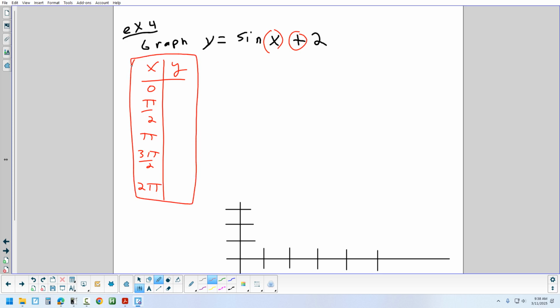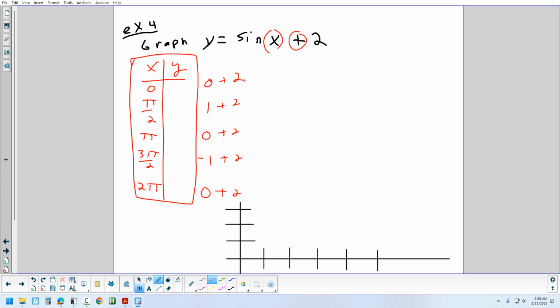Original y values for sine are 0, 1, 0, -1, 0. And what are we going to do to all 5 of those? Add 2. Don't do the opposite. That's going to take your graph and shift it up 2.